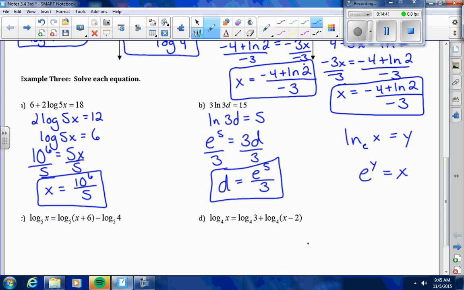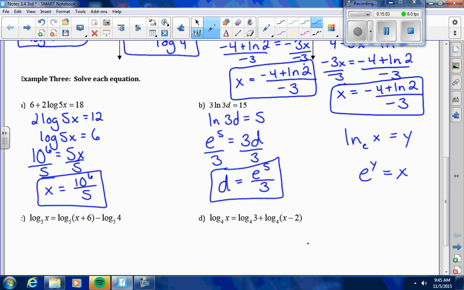No, you cannot multiply both sides by e because that e has a power to it. Yes, you can. Okay. All right. So are we good on both of those?